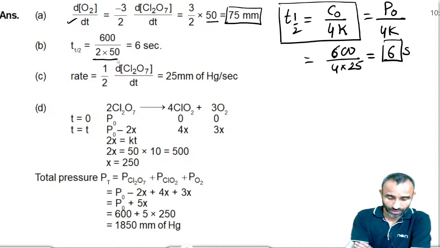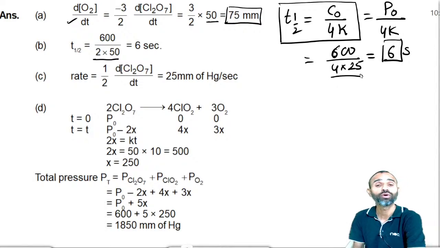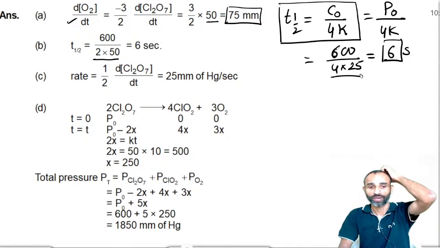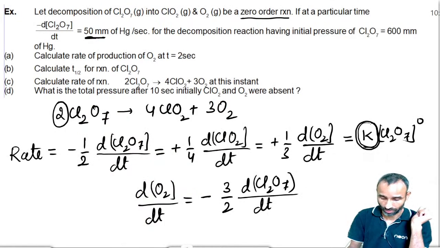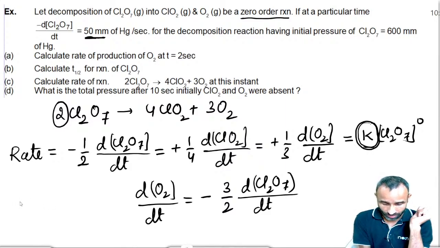You can take 2 into 50 or 4 into 25, because when you have this relation, K is equal to 50 by 2, that means 25.